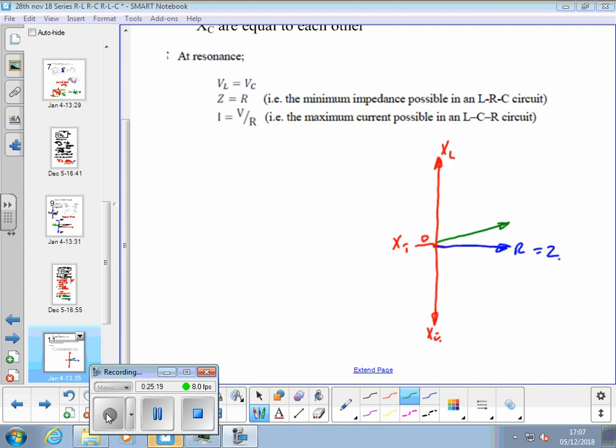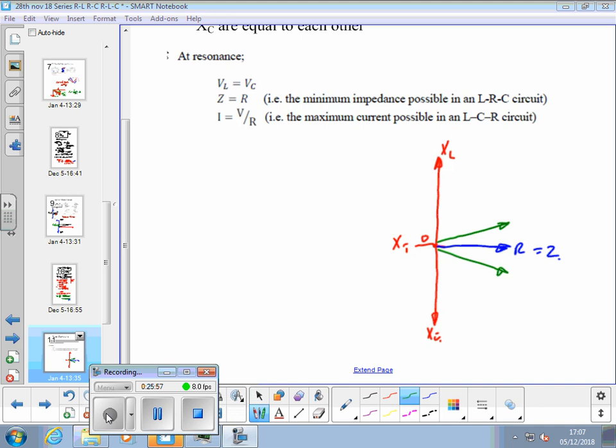Or if XC gets bigger, we'd go that way. So that must be the point where, when these two are equal, all we've got left is resistance. We've still got XC and XL, but because they're 180 degrees opposed, they cancel each other out. And you'll see in a minute what that does in terms of voltage.